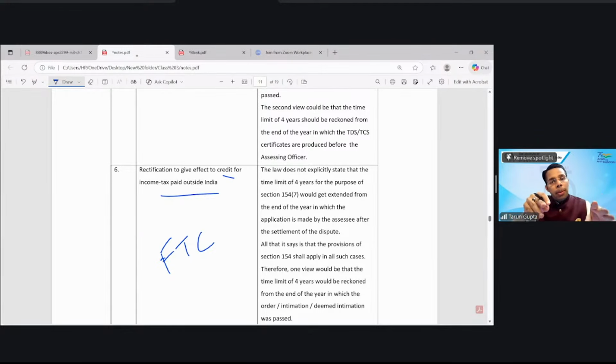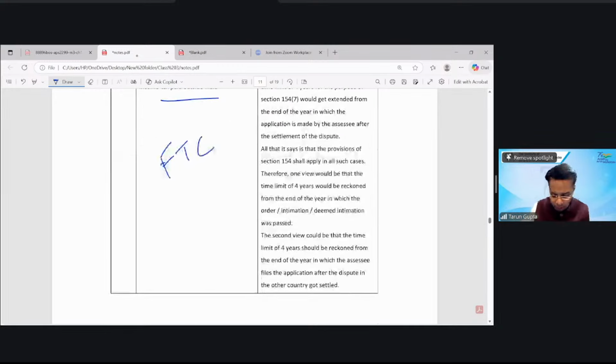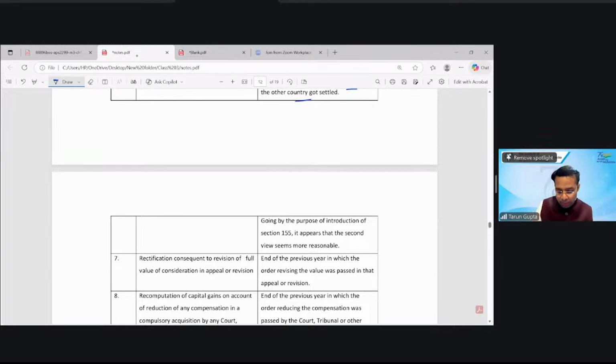So the most logical is the second view. Therefore, I say that in this case, the time limit of 4 years should be reckoned from the end of the year in which the assessee files an application after the dispute in the other country got settled. Going by the purpose of introduction of section 155, the second view seems more reasonable. Okay? Logical as well.